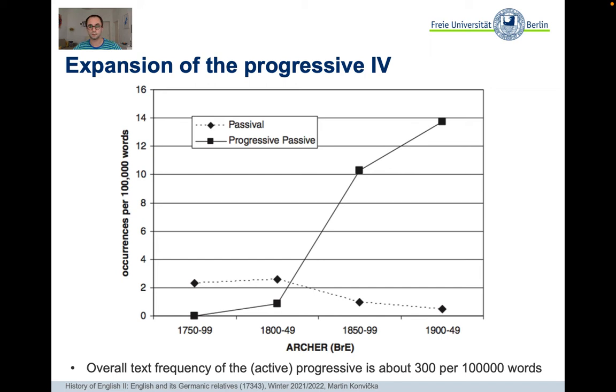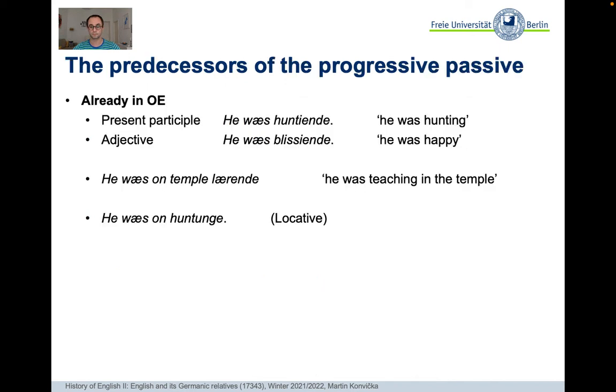So whereas in the second half of the 18th century and beginning of the 19th century, we see actually more passival than the passive progressive, this completely changes during the middle of the 19th century, around 1815, when the passival basically disappears and the passive progressive, the construction that we know nowadays, is completely dominant, right? So approximately around the middle of the 19th century.